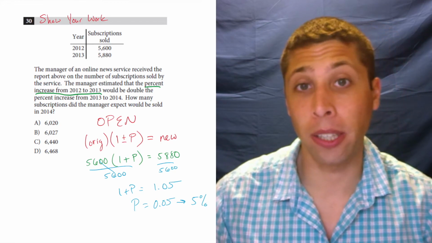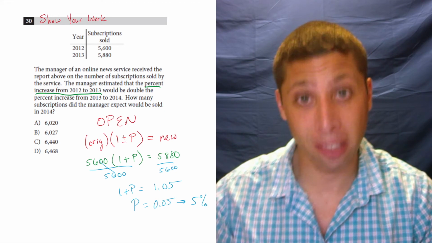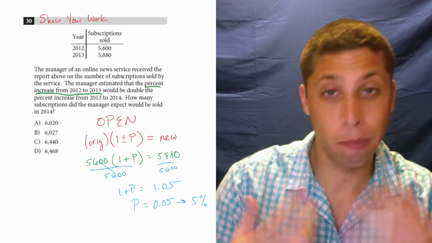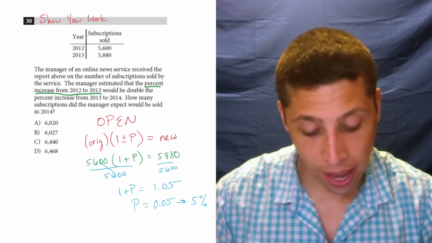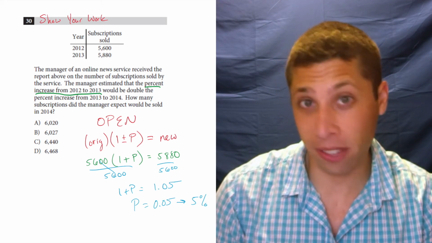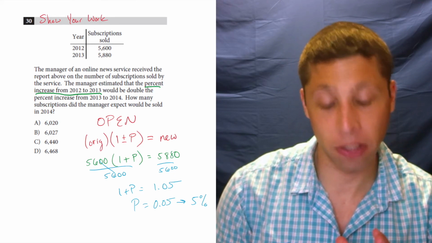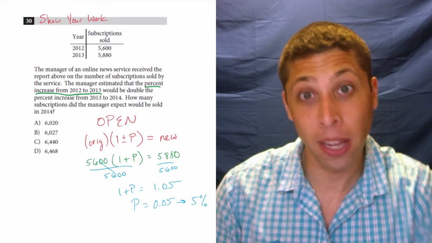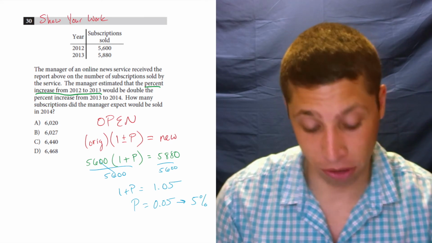In this formula and in most mathematics, percentages are pretty much always written as a decimal, and so the 0.05 represents a percentage of 5%, and the reason that the 1 is there is that represents 100%, right? So we have 100% of the subscriptions from 2012 plus an additional 5% to get us the number from 2013.